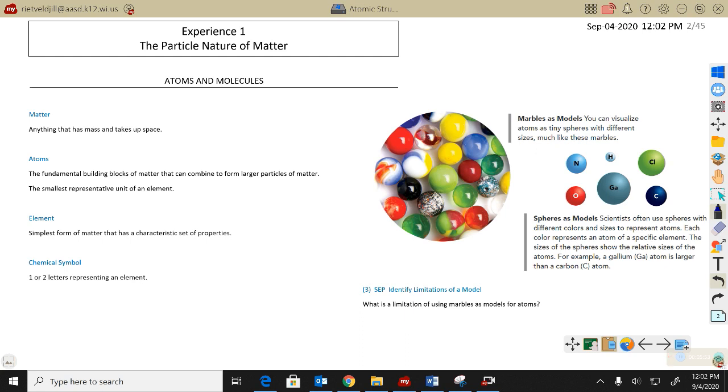Marbles would be made of millions and billions and trillions of atoms. But even though not to scale, we're still trying to represent the size and maybe the relative radius of atoms, like hydrogen relative to gallium. Oh yeah, gallium's bigger. Obviously in real life, they're not as big as a marble. But maybe you thought of some other ideas too.